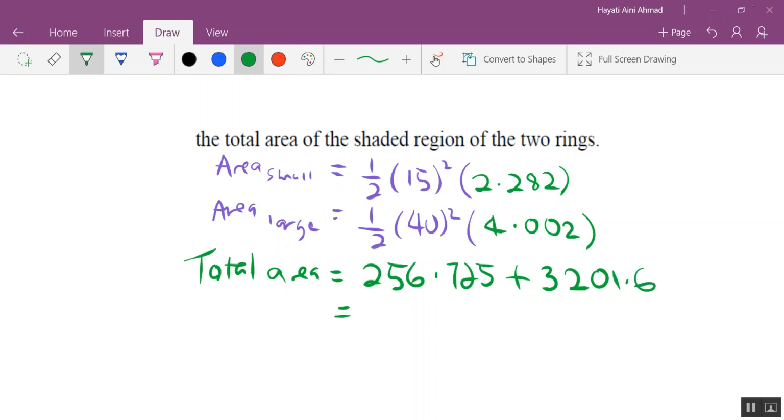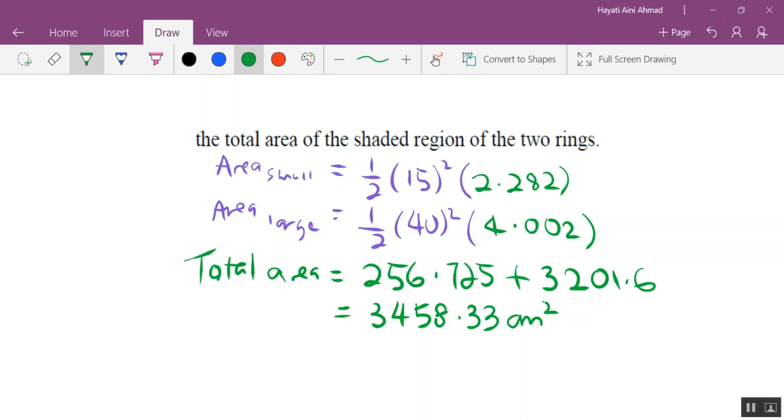The sum of both large and small area will be 3458.33 cm squared.